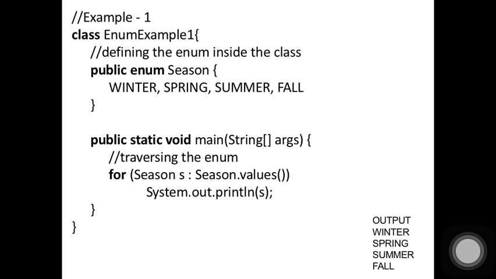The for each has two parts: one is a variable and the second is the list of values or an array. Here I take all the values into season, a variable of the enum type, and I retrieve all the values from the enum by means of the values method. In each iteration it prints one symbolic constant on the screen by means of System.out.println.